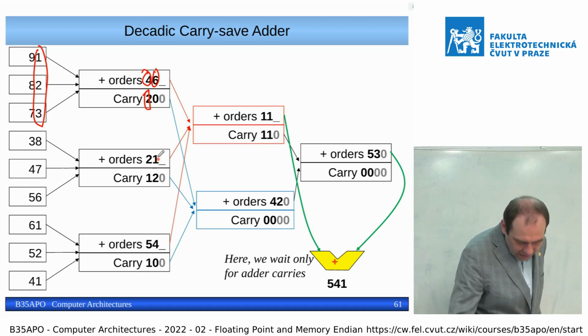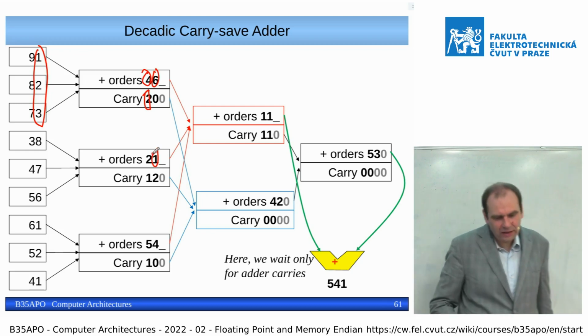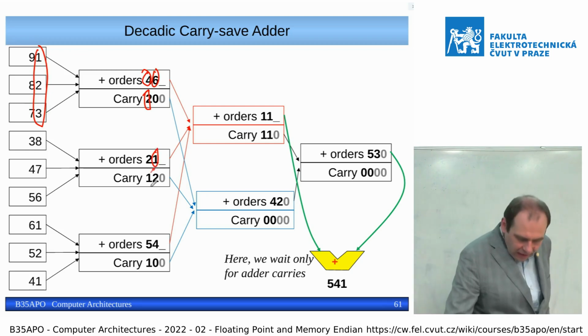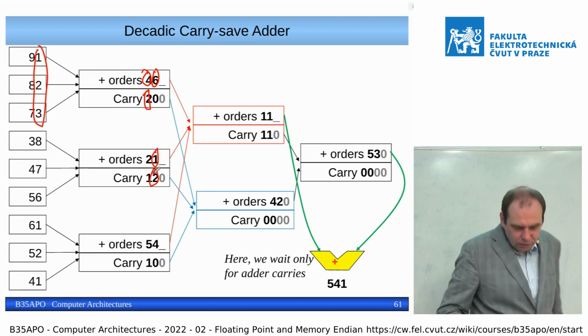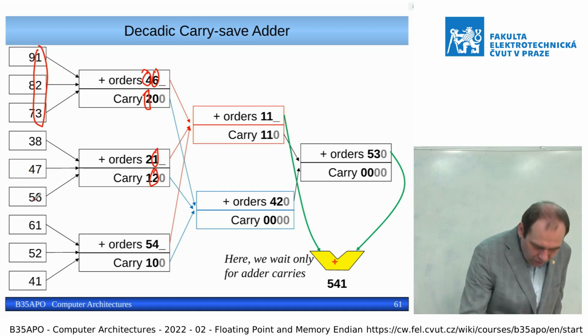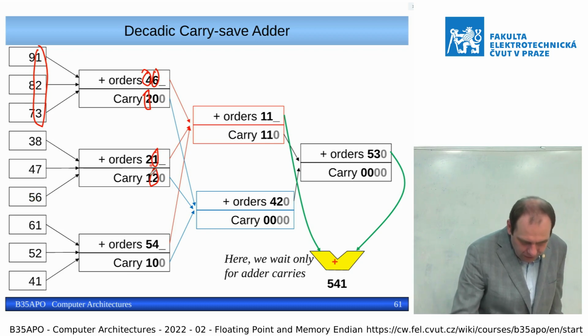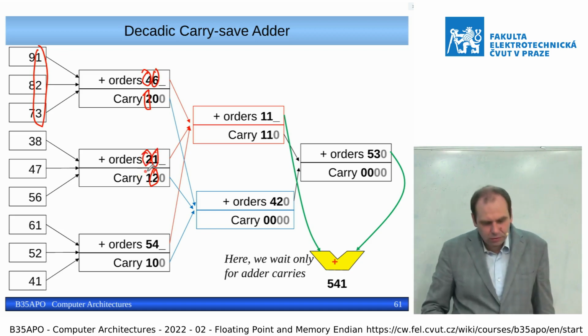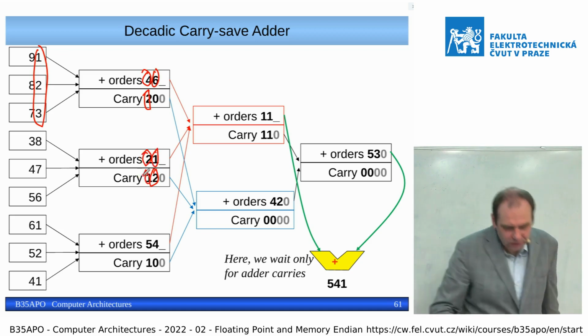Same here. 3, 7, 6 is 20. It should be 21, but we put only the result 1 there, and put a 2 to the carry out part. And same 3, 4, 5 should provide 12, but we put to the result only the 2 and the rest to the carry.